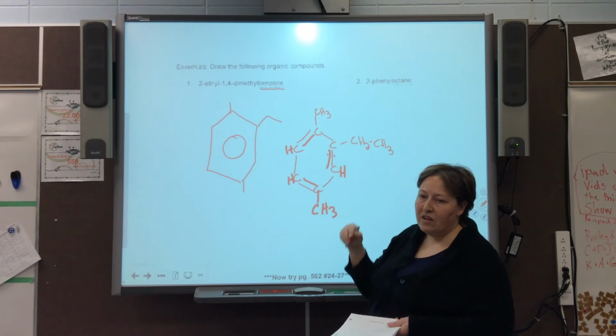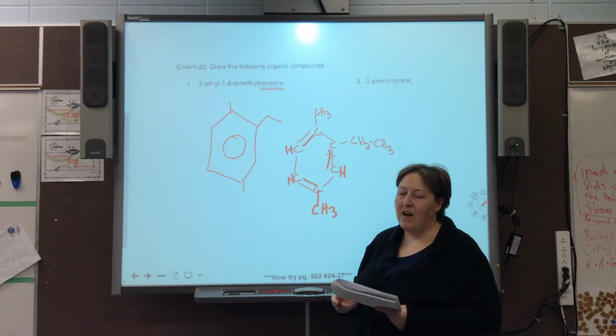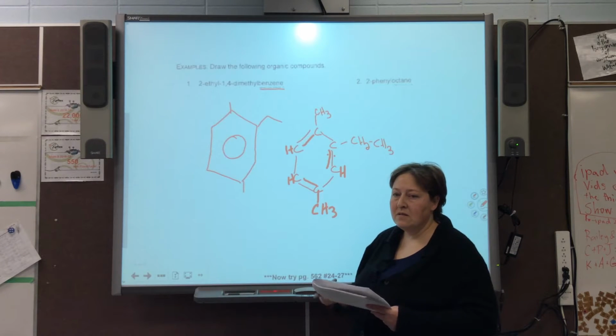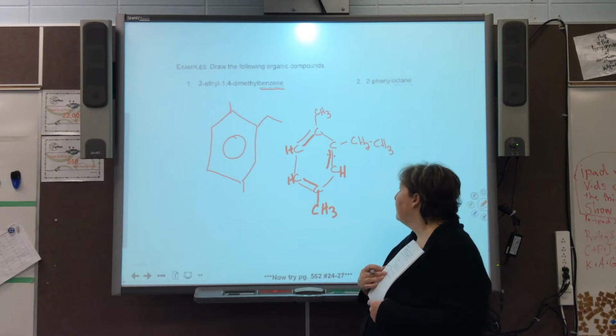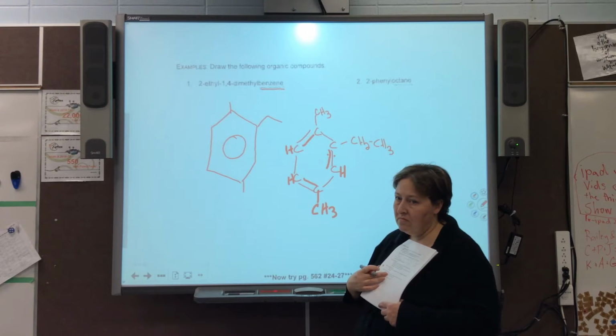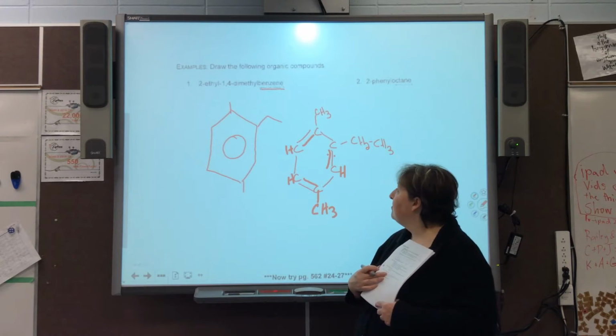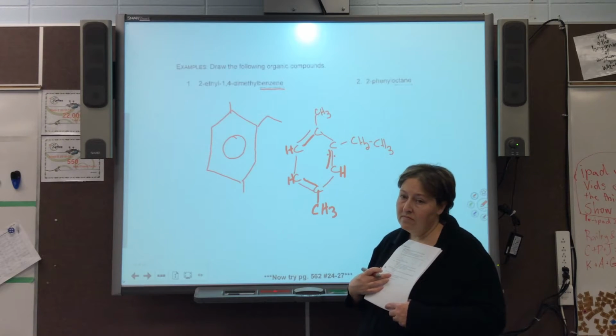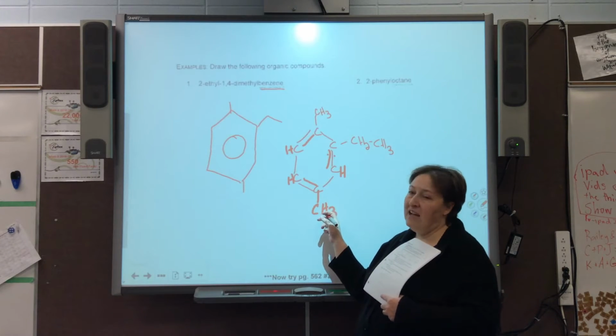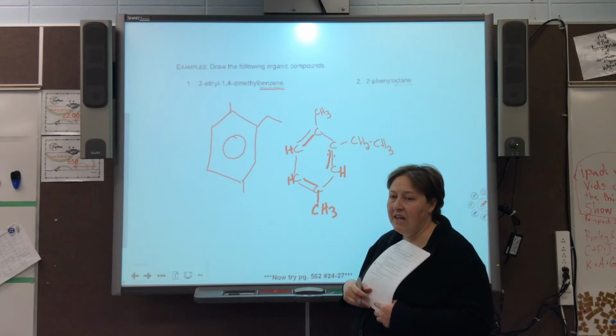It doesn't matter how the double bonds go in there, as long as you have one coming off of the 1. Now if I have it like this, do I have to write in the H's? If you write it in a condensed, you have to write in the H's. You can't leave them off.